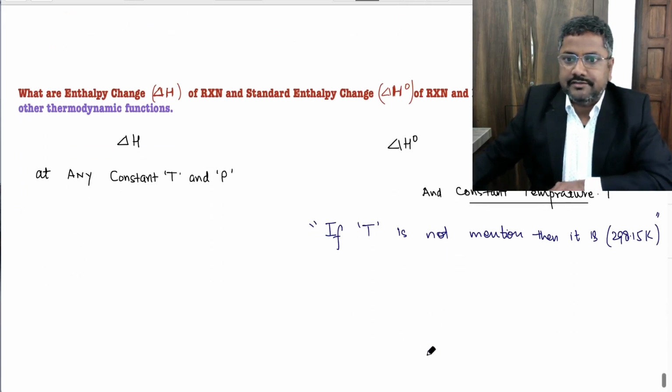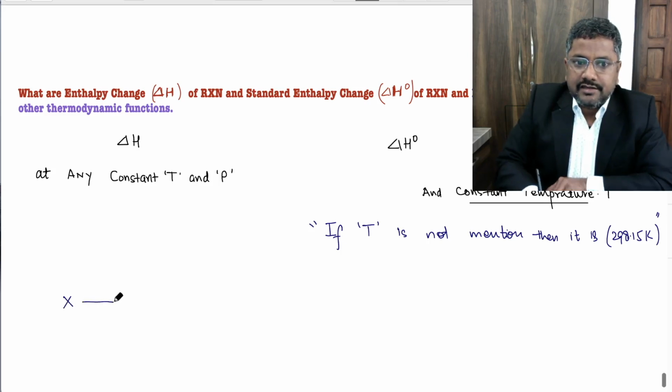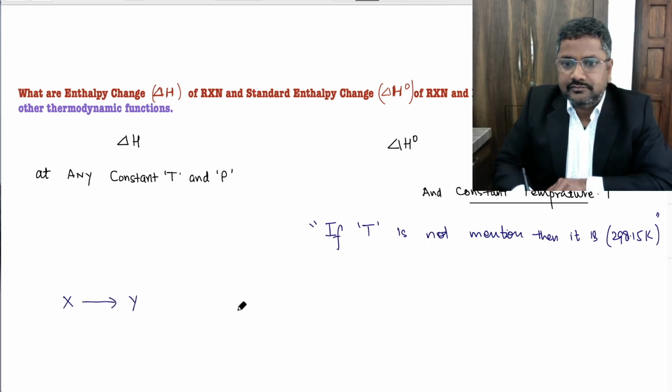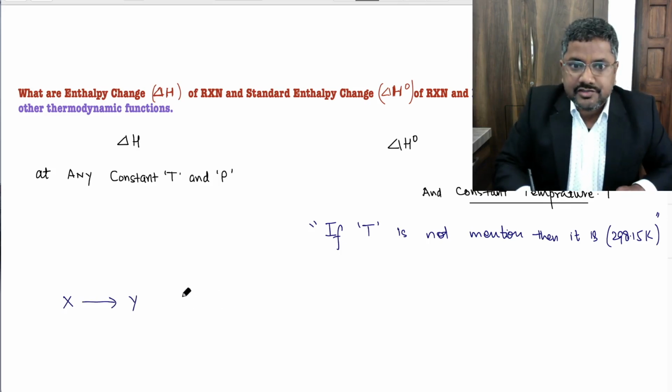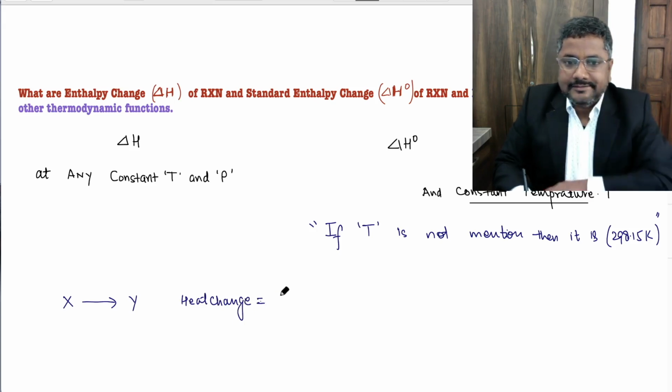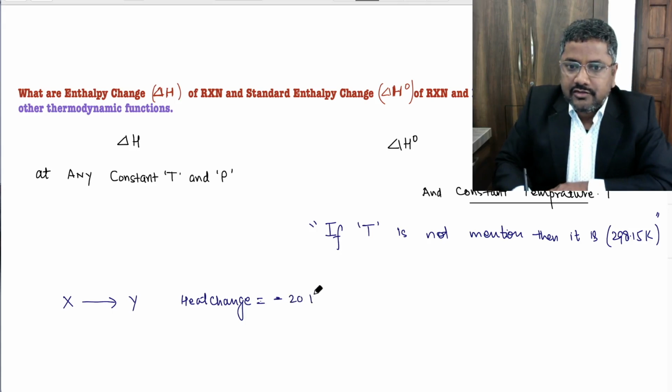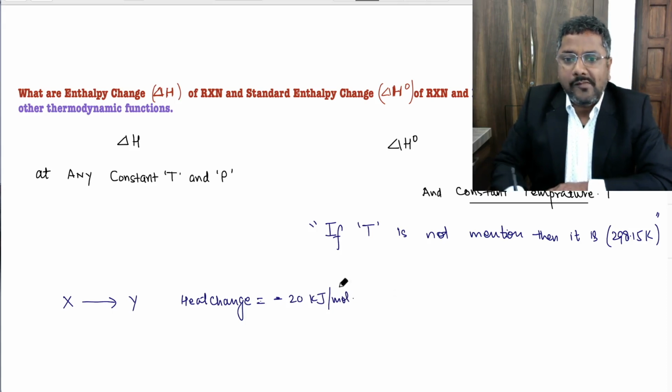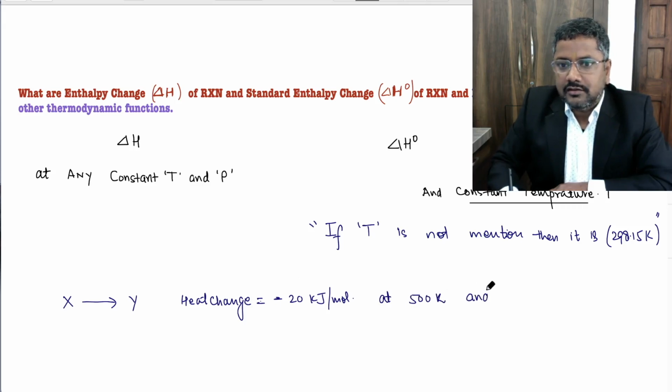Now try to understand. Suppose a reaction is given like this: X gives Y, and delta H, or heat change, is equal to minus 20 kilojoules per mole at 500 Kelvin and 1 bar.